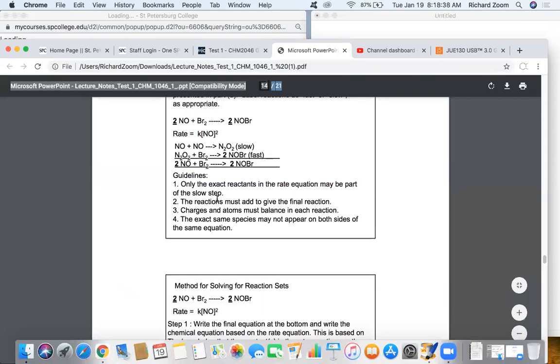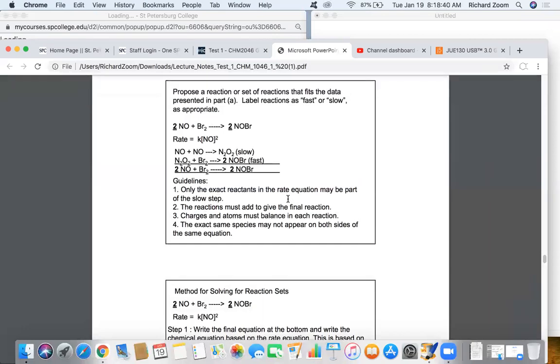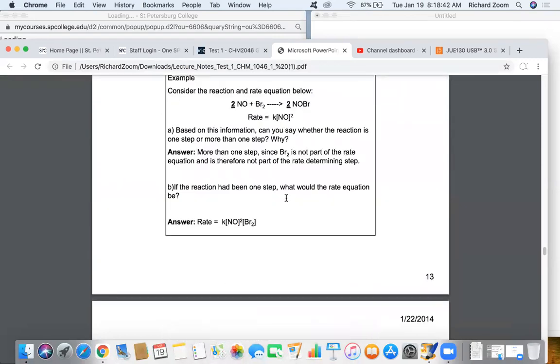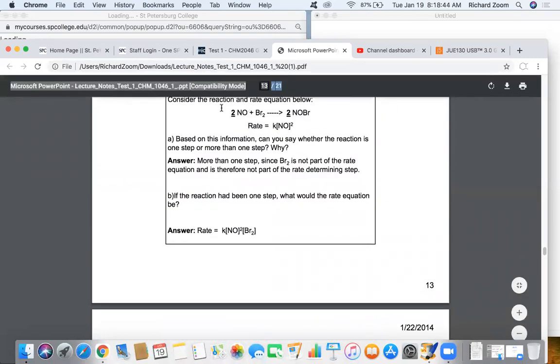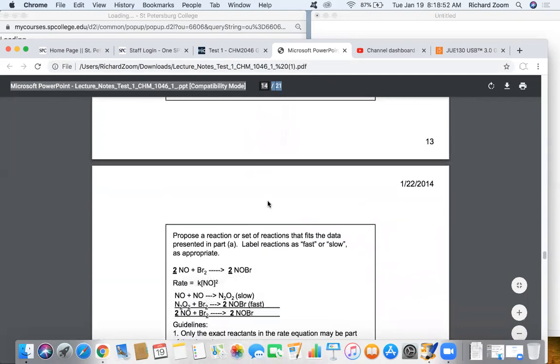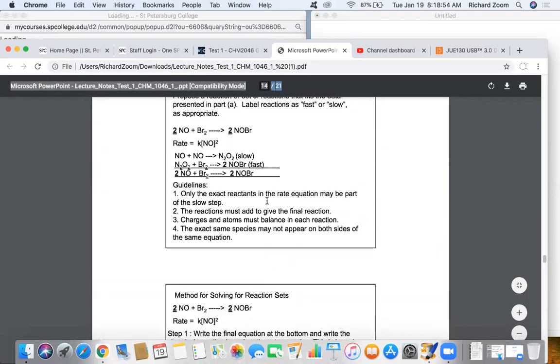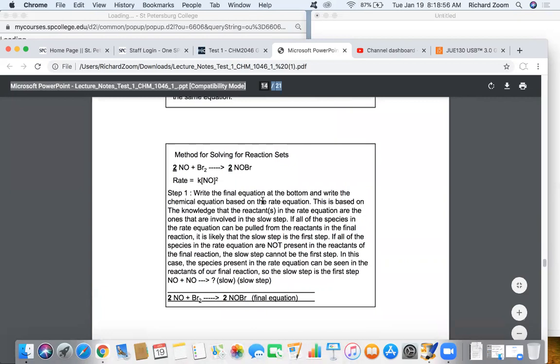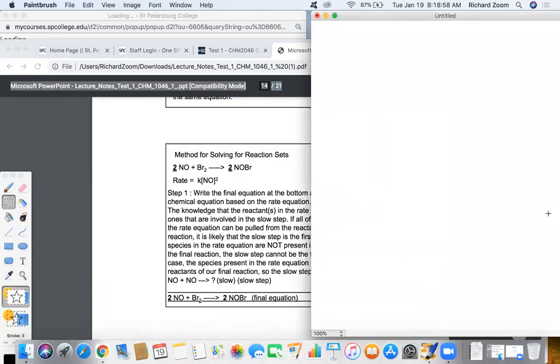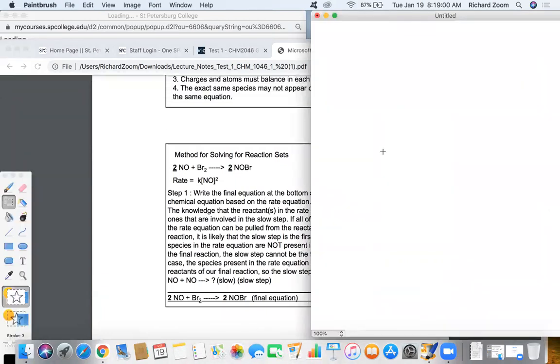So here's how we would solve for this. Now remember what you're given. This is all we're given: 2NO plus Br2 gives 2NOBr, and we're given the rate equation. That's all we're given, and we're asked to come up with these steps. So there's a couple of things involved here.